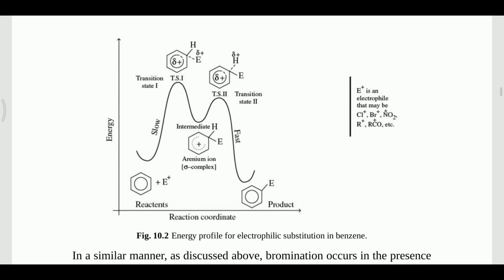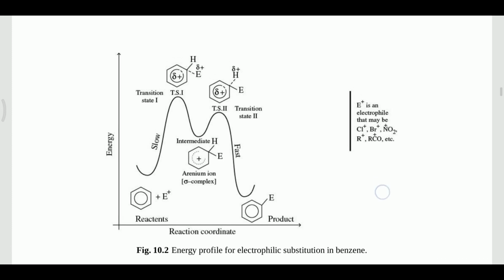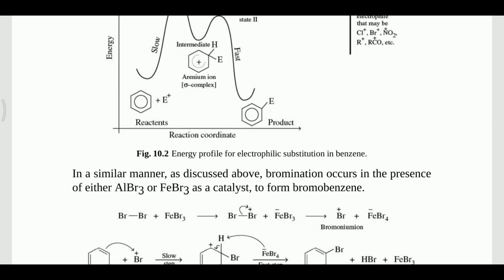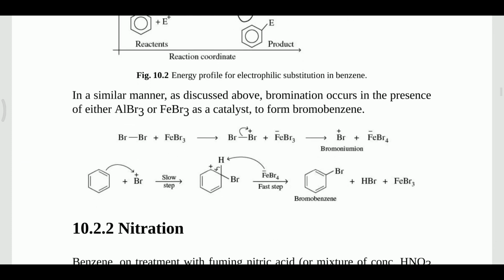You can see there are different figures which represent the reaction coordinate energy profile of electrophilic substitution in benzene, right? So next, in a similar manner, there is also bromination. Bromination occurs in the presence of either AlBr3 or FeBr3 as a catalyst to form bromobenzene.